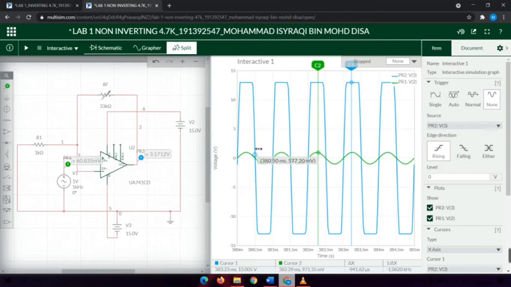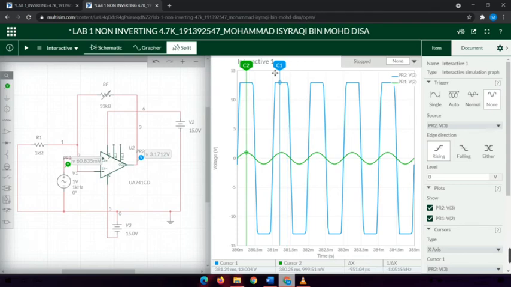The Vin phase entered is positive, and both Vin and Vout are in positive phase. It didn't invert any of the phase, so we call it a non-inverting amplifier.